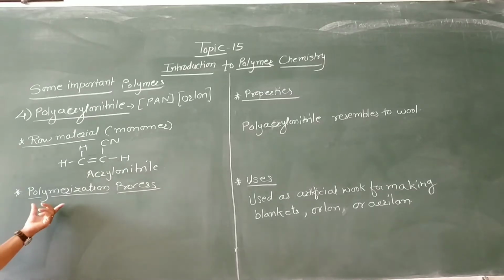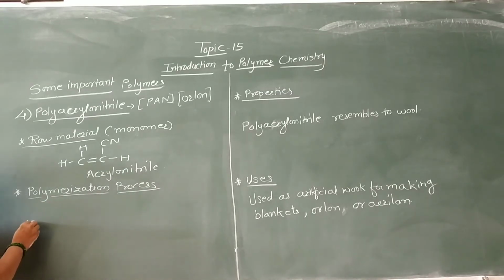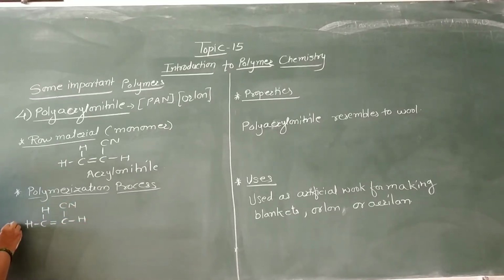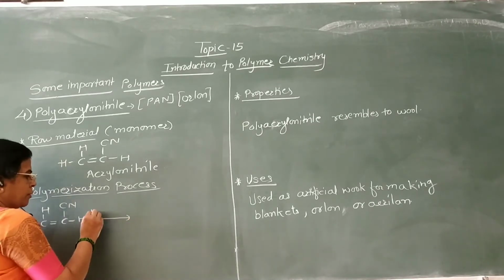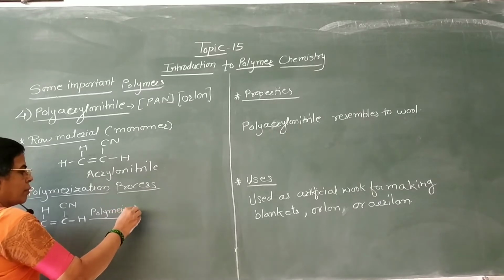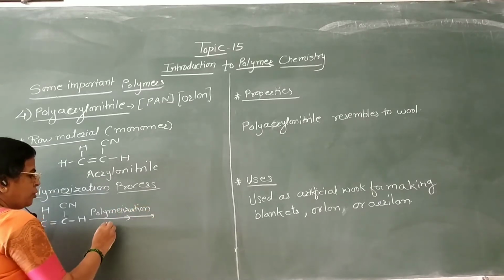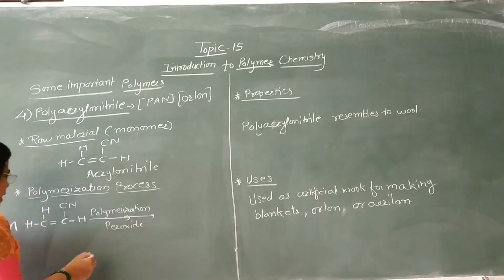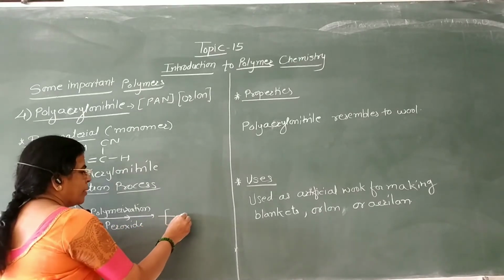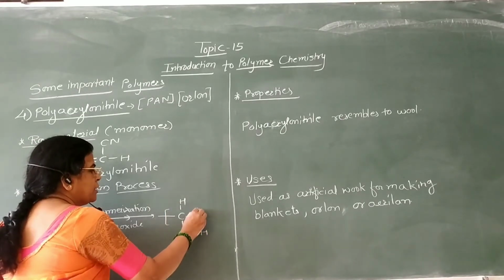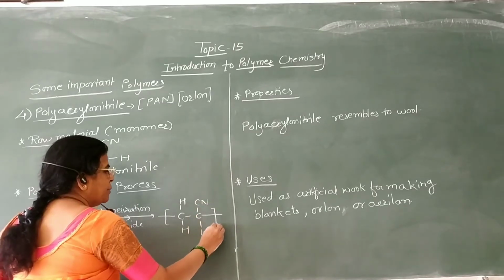Now we are going to see the polymerization process. When n molecules of acrylonitrile undergo polymerization, also in presence of peroxide, we get (CH2-CH(CN))n.